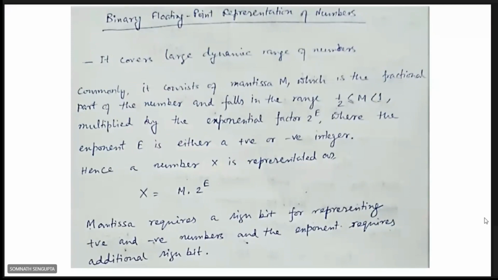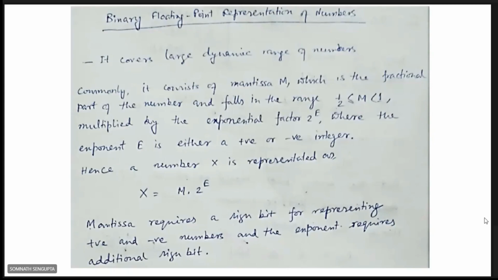So the binary point is initially kept at some position. There are two parts in a floating point number. One part contains the fraction value, another part contains the exponent. The exponent part will tell you where the binary point should be.